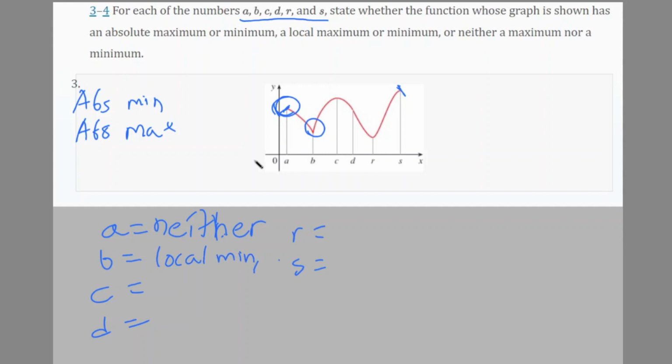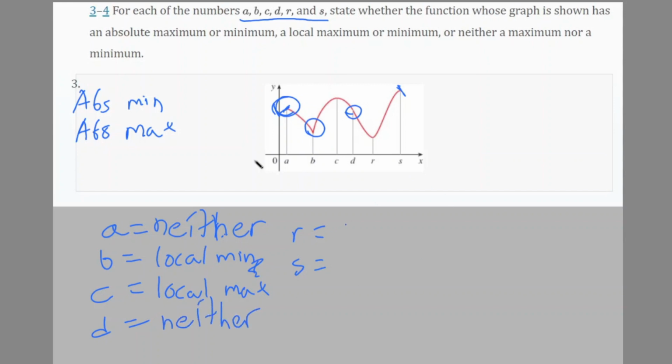And you could also write the y value, which we actually don't know here, but usually if the graph is scaled or numbered, you could write down the y value. But C is going to be a local maximum. And then D is going to be neither because it's in the middle of a concavity change, and to the left of it, the graph is going up, and to the right of it, the graph is going down, so it's neither again.